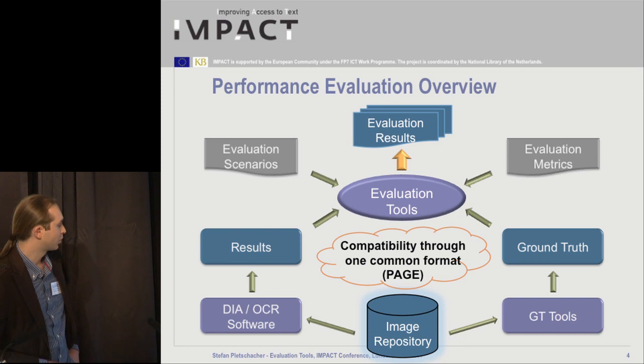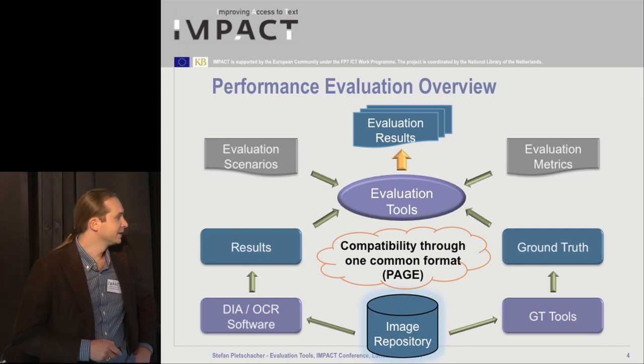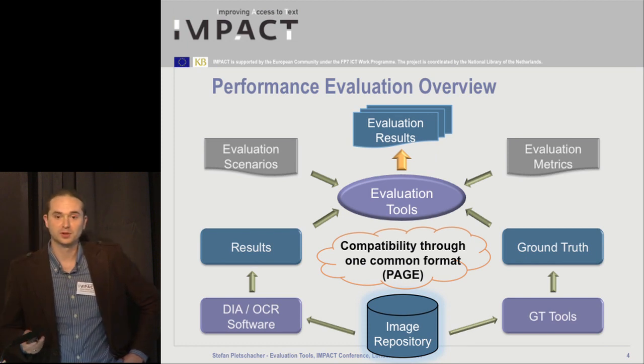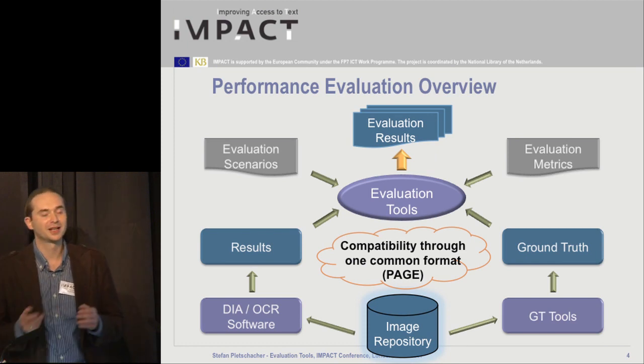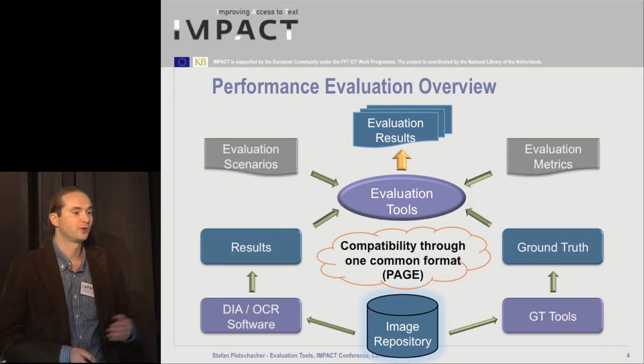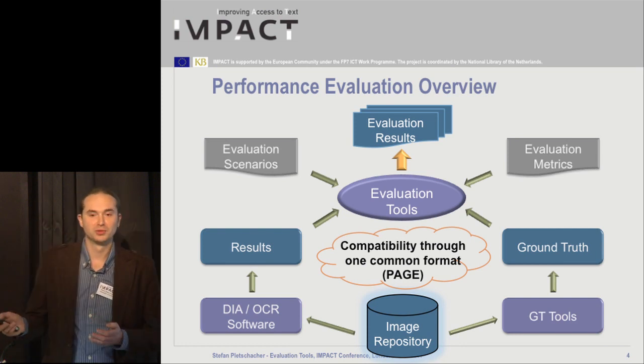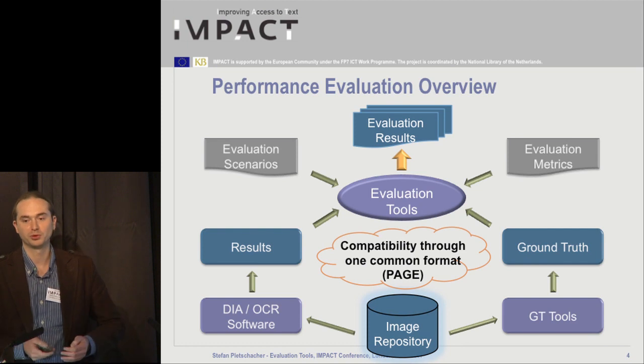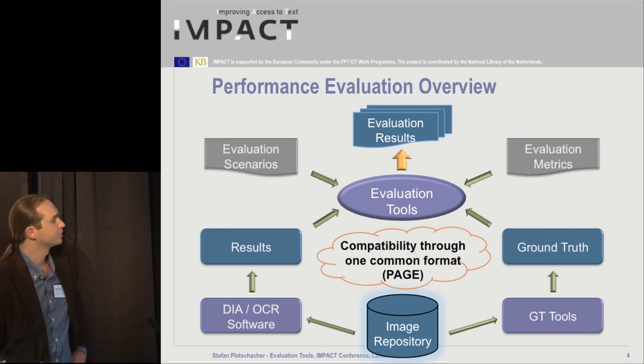Then you apply document image analysis or optical character recognition tools, and you get some results. And of course, now what you do next, you need to compare that, and that's what I mentioned before. We need something like the optimal result, that's what we would expect the method to do, and that's, in general, what we call ground truth.